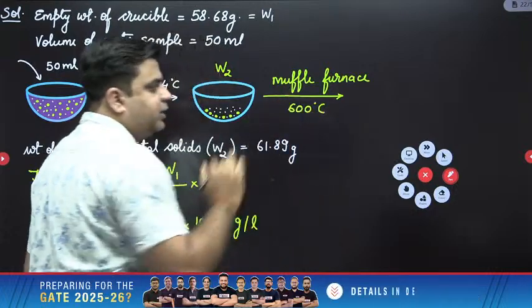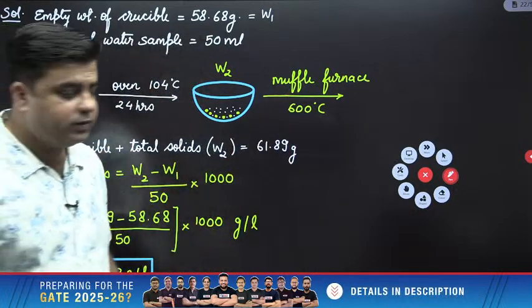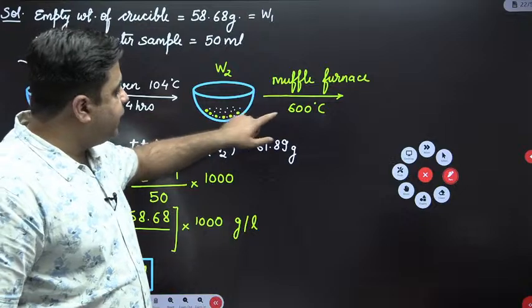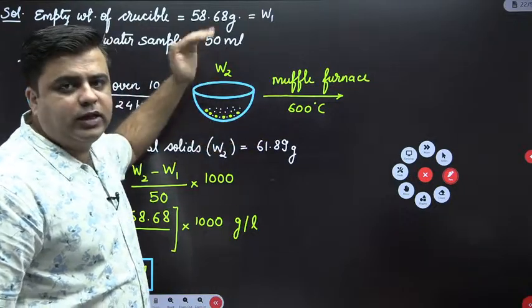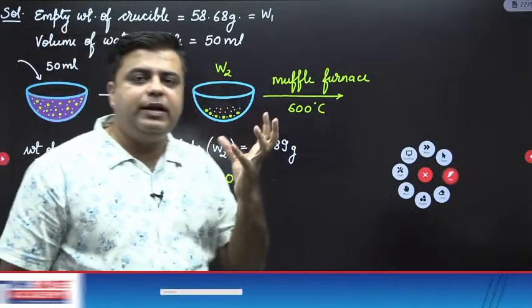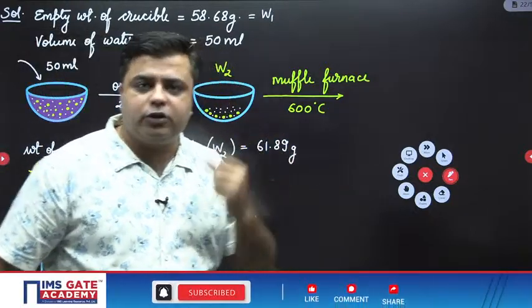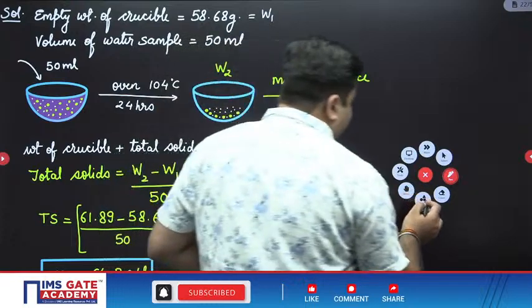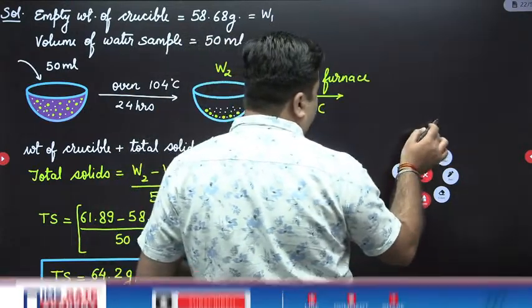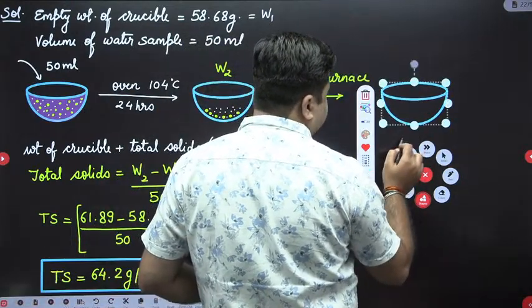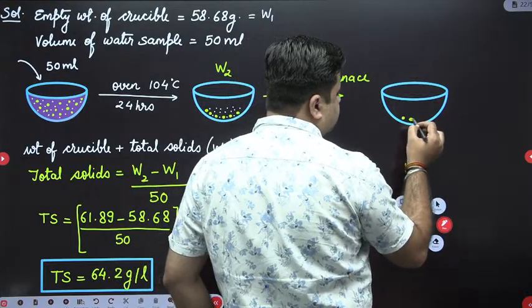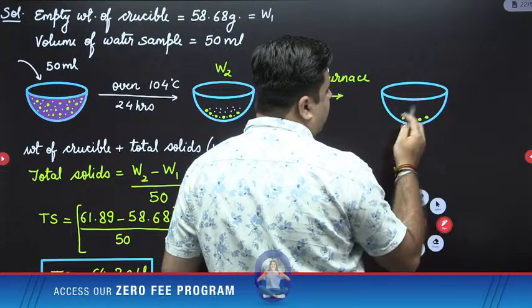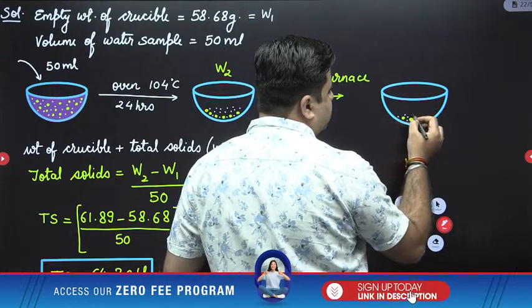They haven't mentioned duration, but at such a high temperature, volatile total solids will vaporize and you will be left with only fixed total solids. So this crucible will now only contain fixed total solids.